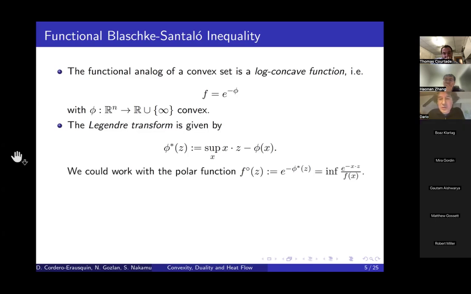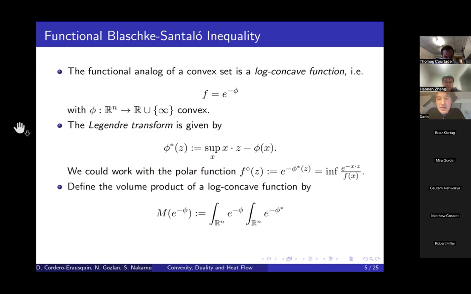Yes, sorry. I wanted to mention that some authors prefer to work directly with the log concave function. So in particular, you can define what's called the polar of the log concave function, which is exactly the log concave function defined by the exponential of minus the Legendre transform. And here you have a formula. But somehow I prefer to work with convex functions, at least today. So I will keep this notation, phi star, for the Legendre transform.